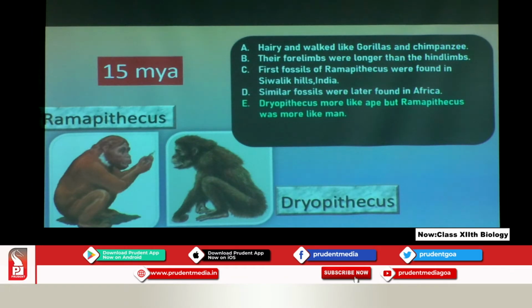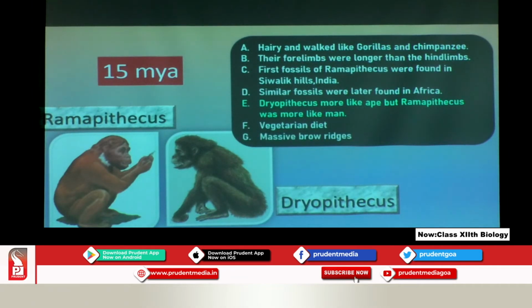Dryopithecus, that means this prehistoric man, was more like an ape, whereas Ramapithecus was more like man, the present man. Features like less hair maybe as compared to Dryopithecus. That is what made Ramapithecus more man-like as compared to Dryopithecus. Vegetarian diet.